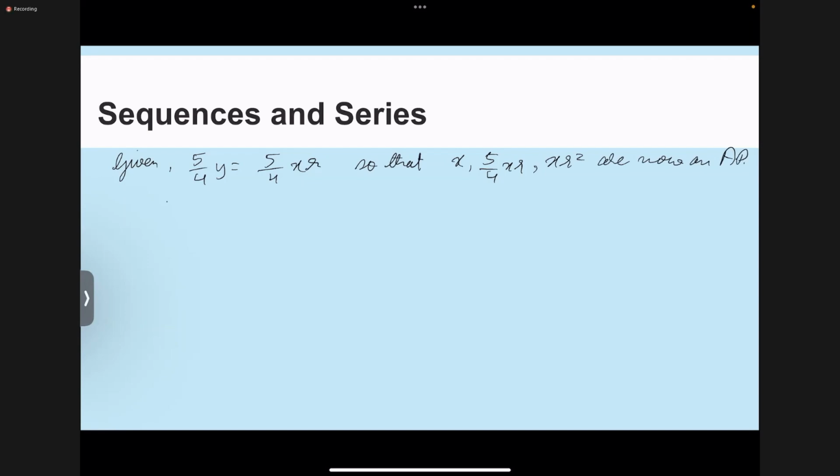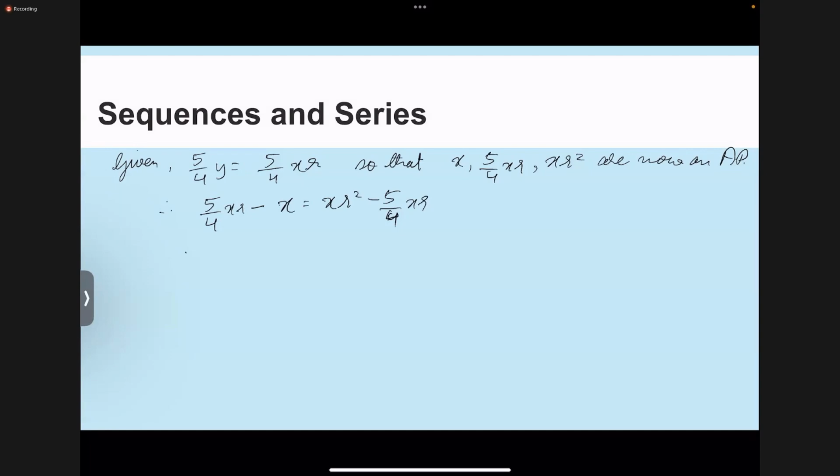So therefore, we can write this as 5 by 4 xr minus x will be equal to xr squared minus 5 by 4 xr. Okay, so the common difference between the second and the first number and the common difference between third and the second number will be equal.